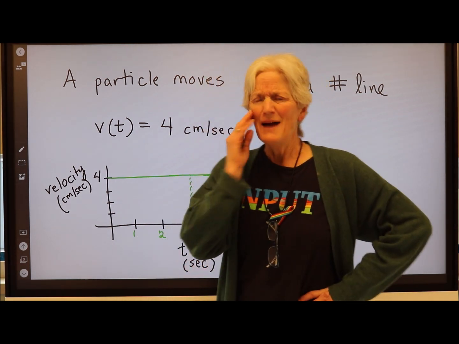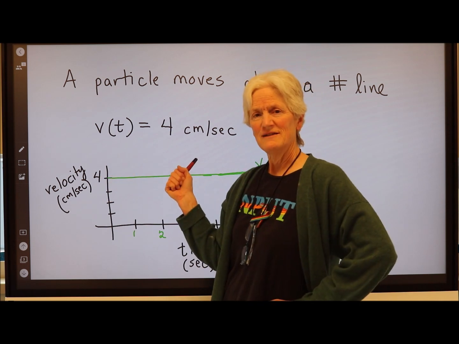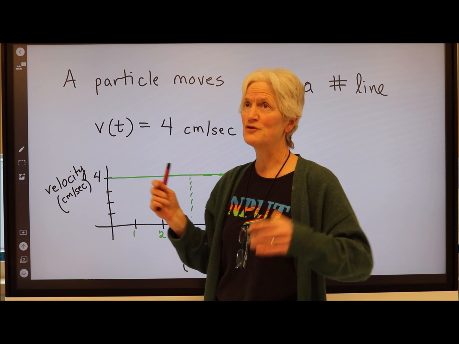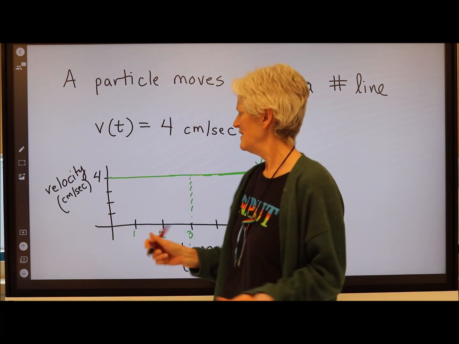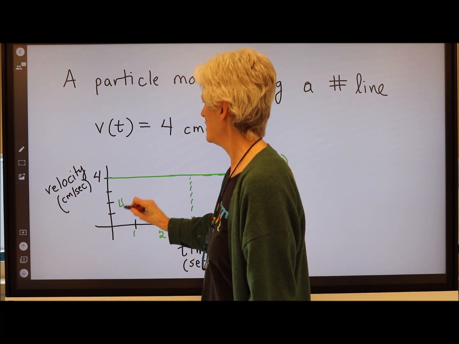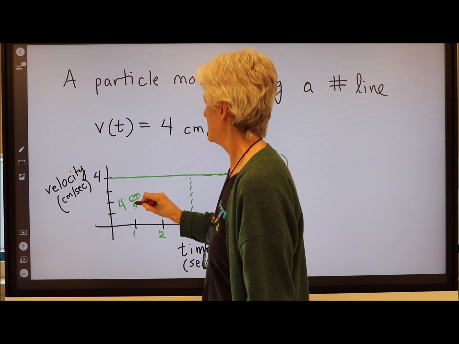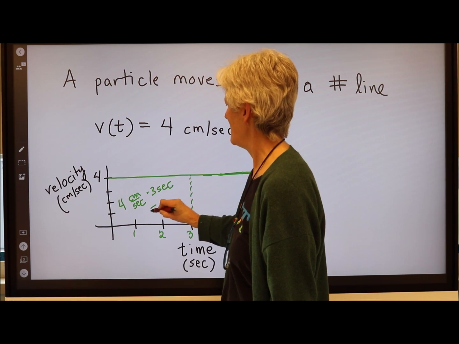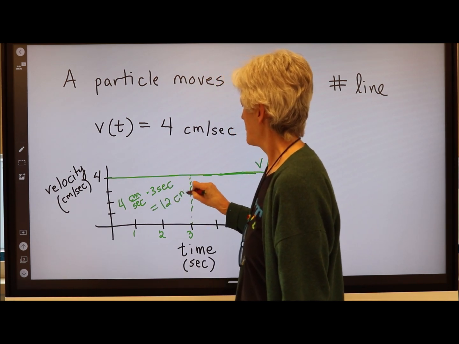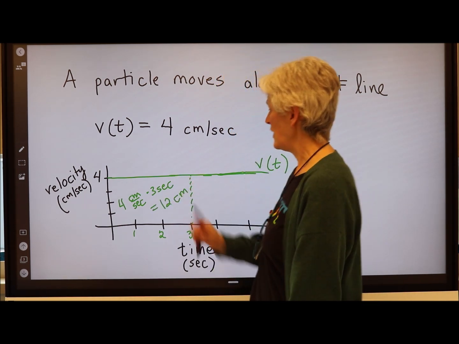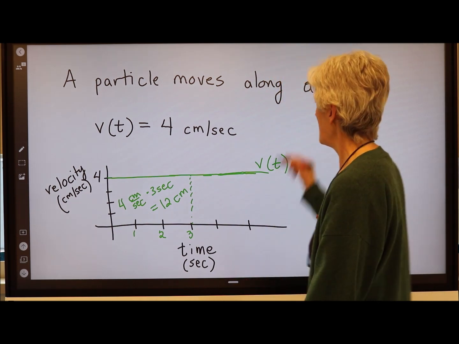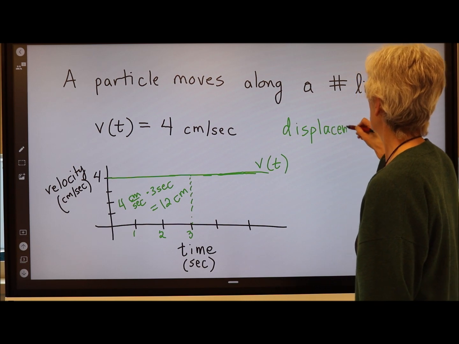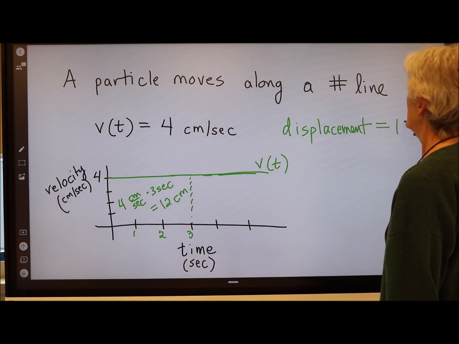Well, I'm moving in one direction, to the right, 4 centimeters per second, and I've traveled for 3 seconds. I'm pretty sure that's just going to be 4 centimeters per second times 3 seconds. Oh yeah, that's not bad. My displacement is 12 centimeters.